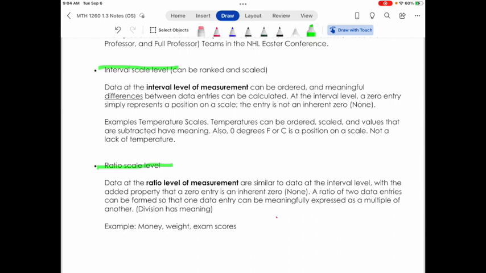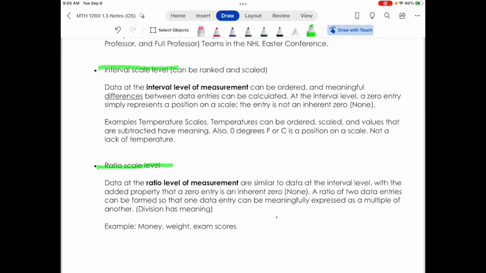With the ratio level, the difference between the values can be measured. It can be listed from smallest to largest, but the 0 in the ratio scale literally means nothing. An example of that might be money, weight, and exam scores. If you have 0 money, that means you have none. It's different than if you say you have 0 degrees Fahrenheit.